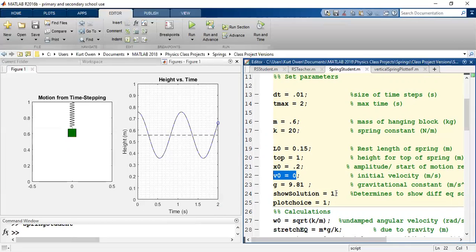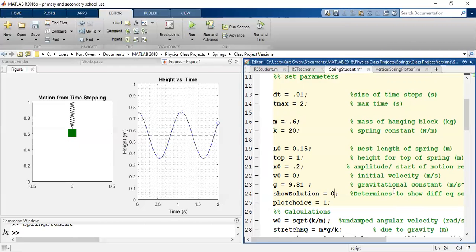You know what g is. Okay, and show solution. This is our theoretical solution. So if I run the code with that on, you see the black dashed line. That's mathematically what we derived in class to be the solution for a vertically oscillating mass on a spring. Okay, it's a simple cosine curve.